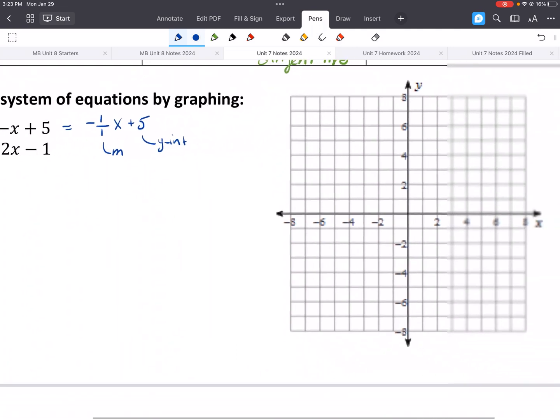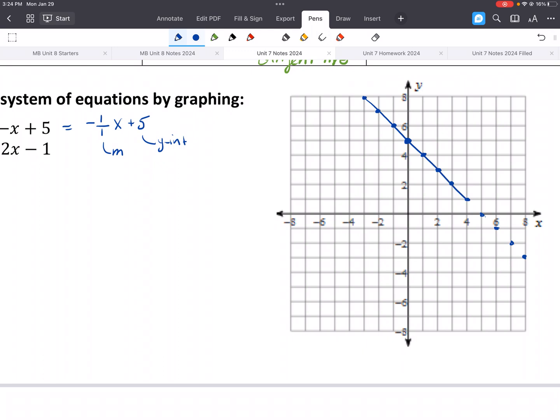So we'd start by plotting the y-intercept at 5, and then its slope is down 1, because it's negative 1, so down 1 over 1, down 1 over 1, and keep going all the way to the edge of your graph. And then this continues to go to the left as well. It should be a straight line. Connect your dots. Okay, and that's our first equation.